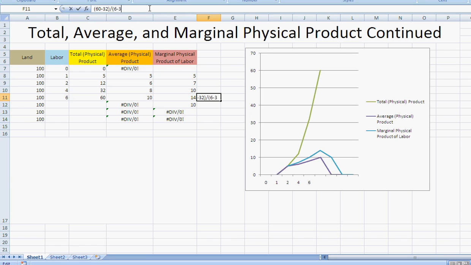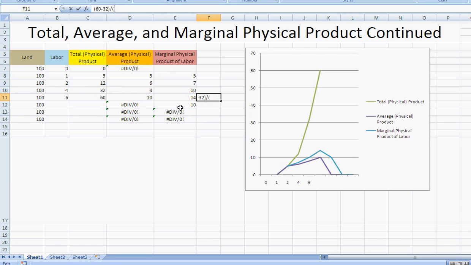Just to make sure I'm not confusing you, I'm getting the 60 from right here, the 32 from right here, and then 6 minus 4. So this is the increase in total physical product divided by the number of extra workers that we added. I added 2 more workers, and I gained 28 more bushels of corn. So that's where my marginal physical product of 14 comes from, because that's 28 divided by 2.